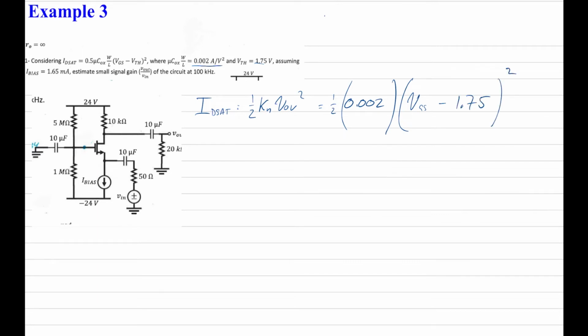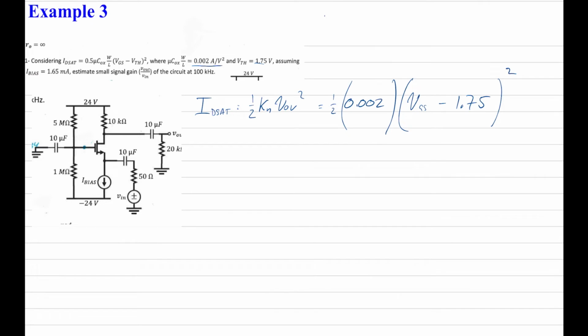And the other thing that we're told, if you look very carefully, is that we're actually given the ID sat, the saturation current, over here. You can see here the I bias. This is the current flowing from the source over here, and we're told the I bias is 1.65 milliamps.